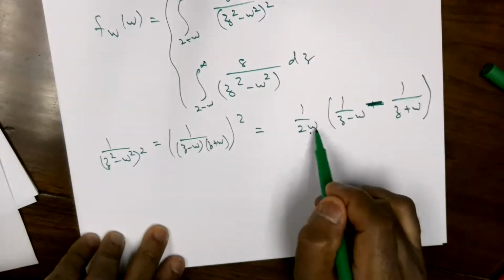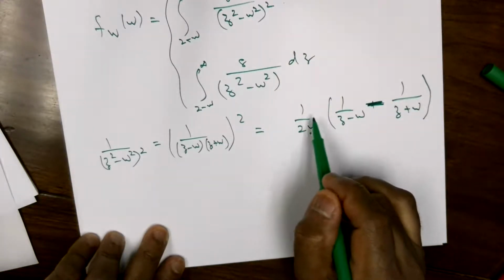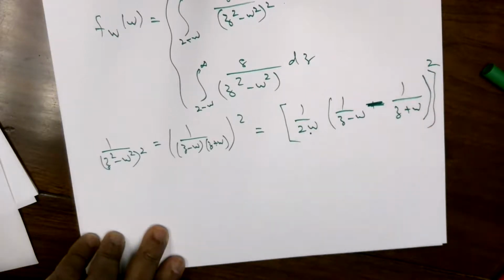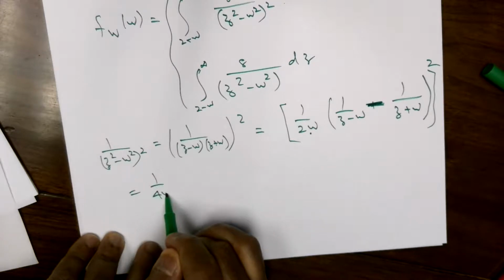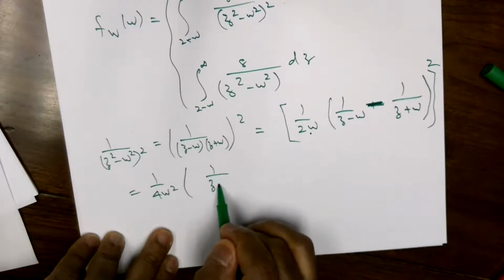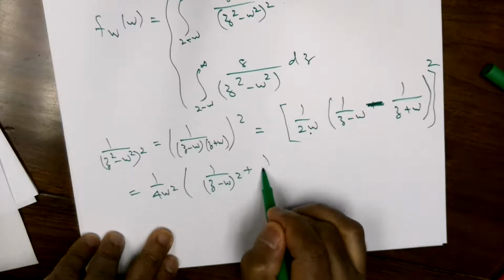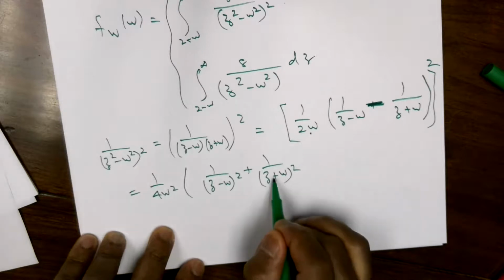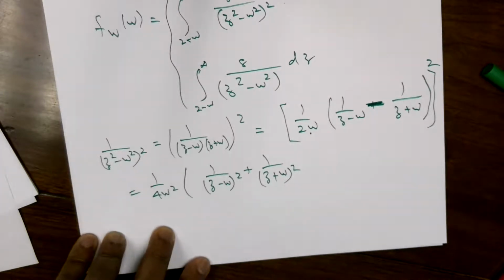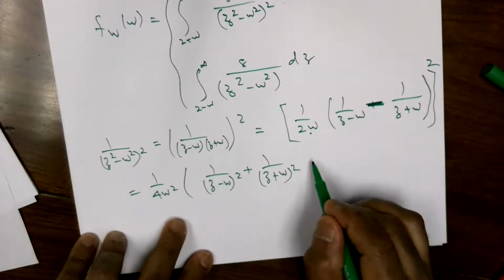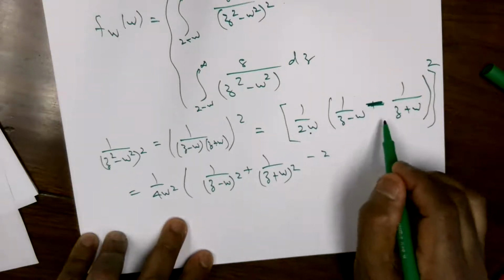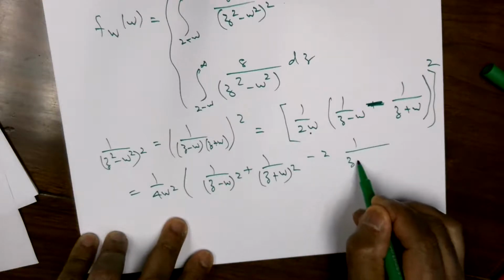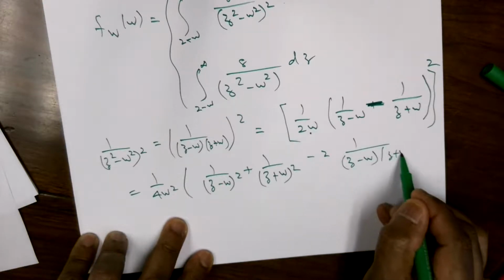Now I want this to be constant as far as the integration is concerned. So this is going to be 1 over 4w squared, 1 over z minus w the whole squared, plus 1 over z minus w, z plus w. And the next term is minus 2 times the product of these two.